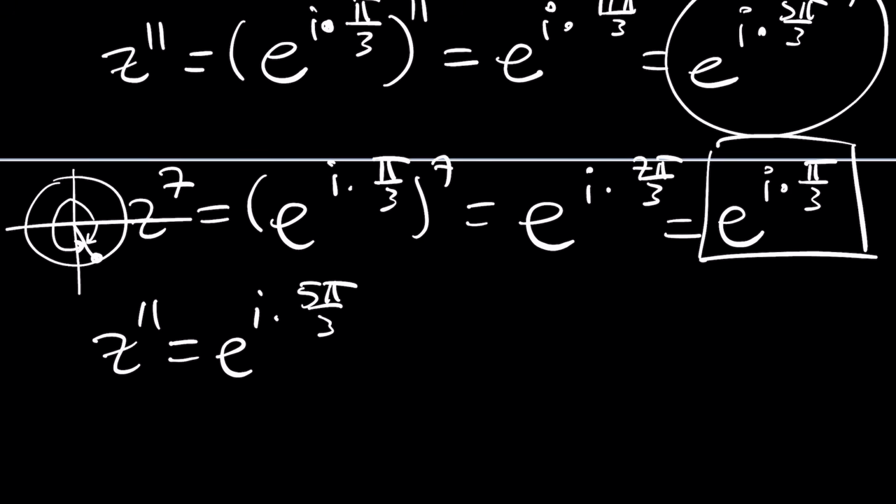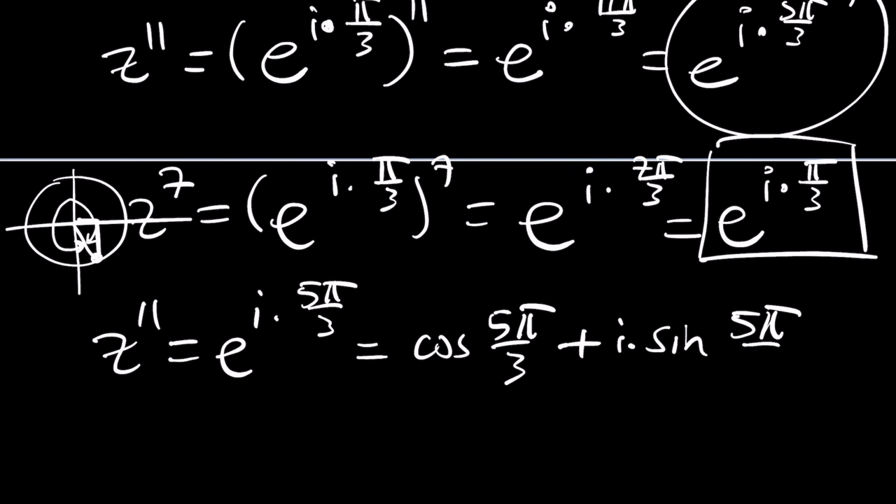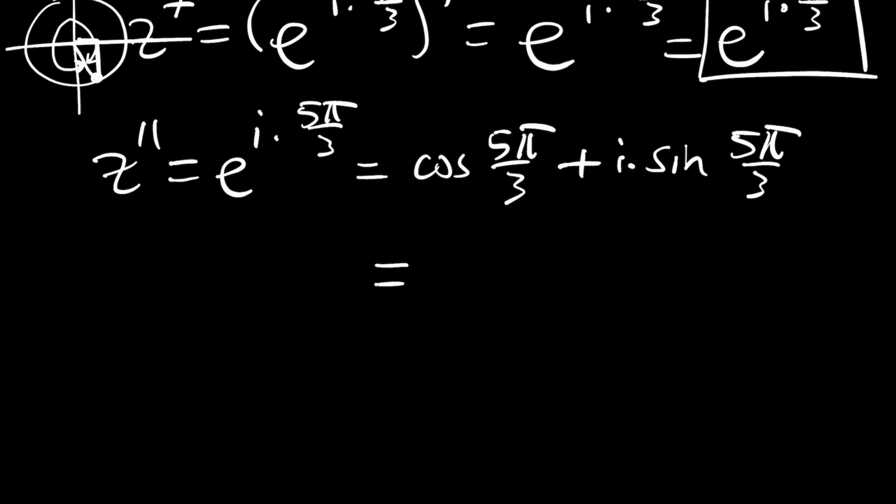And of course, its cosine is going to be the same as cosine pi over 3. So this is going to be cosine 5 pi over 3 plus i times sine 5 pi over 3. Cosine 5 pi over 3 is the same as cosine pi over 3, which is 1/2. But the sine is negative because we're in the 4th quadrant. Therefore, you're going to have something like this.